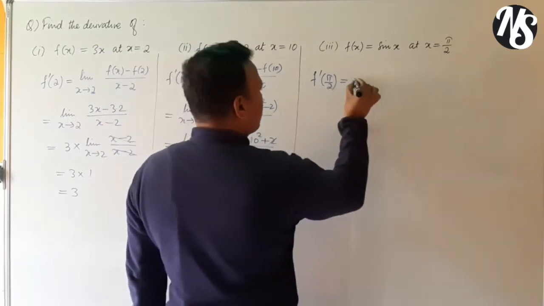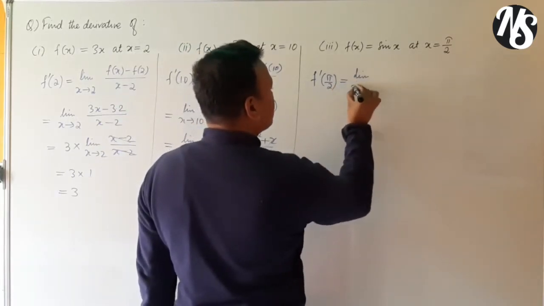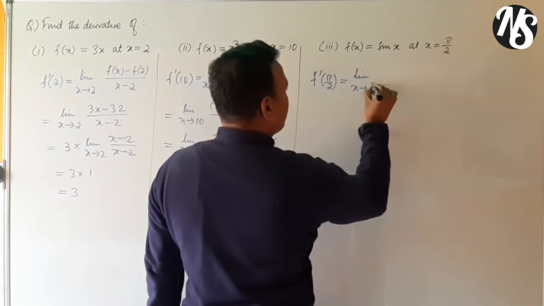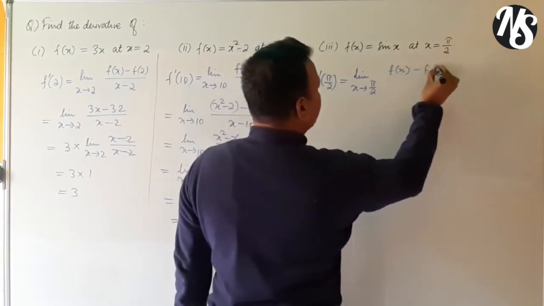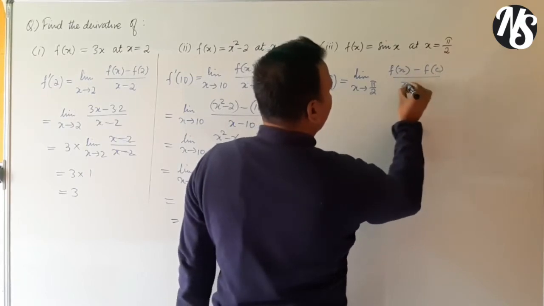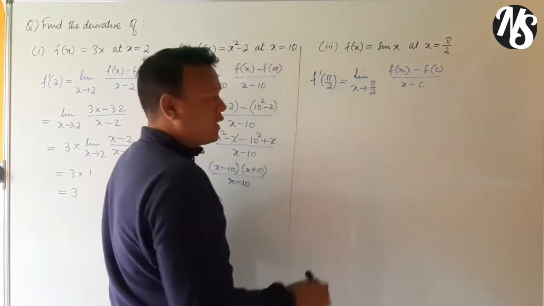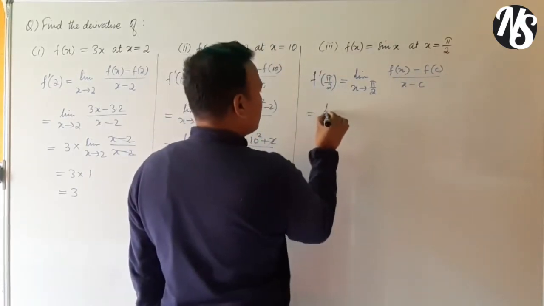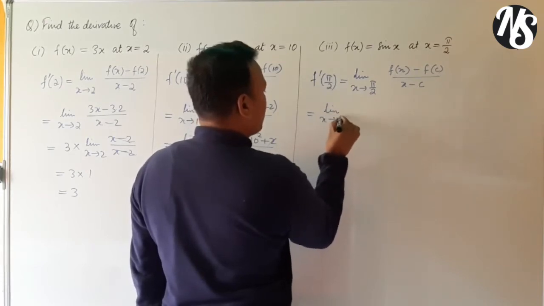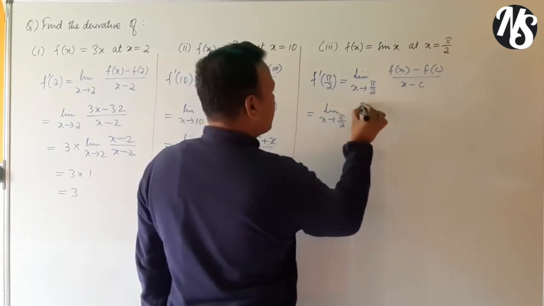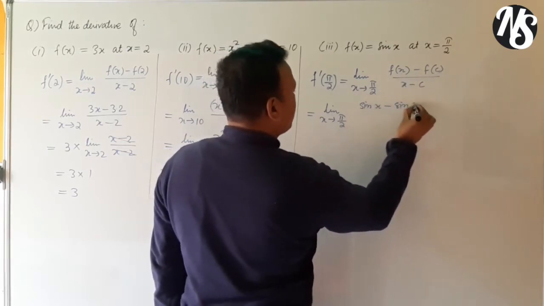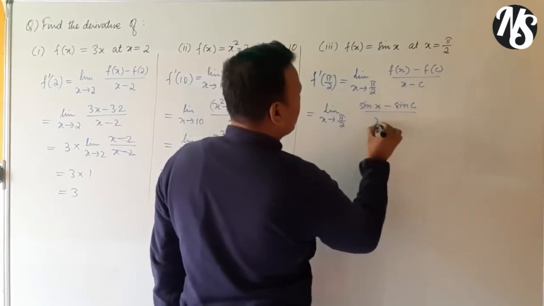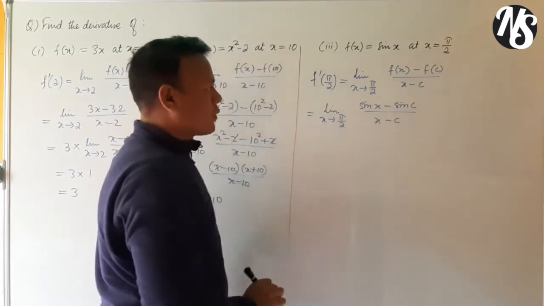So the formula says it is limit x tends to c, c is pi by 2, f(x) minus f(c) divided by x minus c, right? So this is limit x tends to pi by 2, sine x minus sine c divided by x minus c.